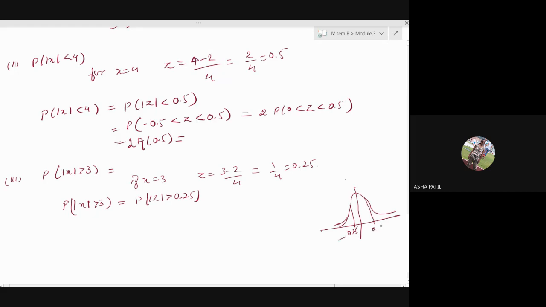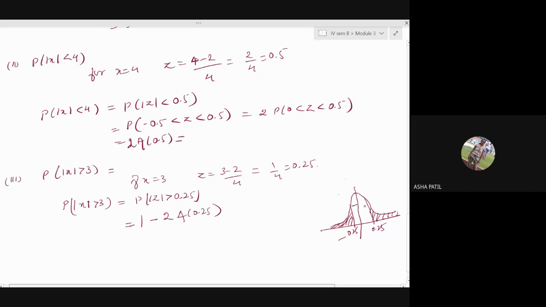This is again 0.25. Greater than means we want this part. Mod of z is greater than 0.25. We want this part. So total area to the left and to the right, it is 0.5. Either you can split it like that or else whole area you know it is 1. So total area it is 1 minus 2 times A of 0.25. This is A of 0.25.